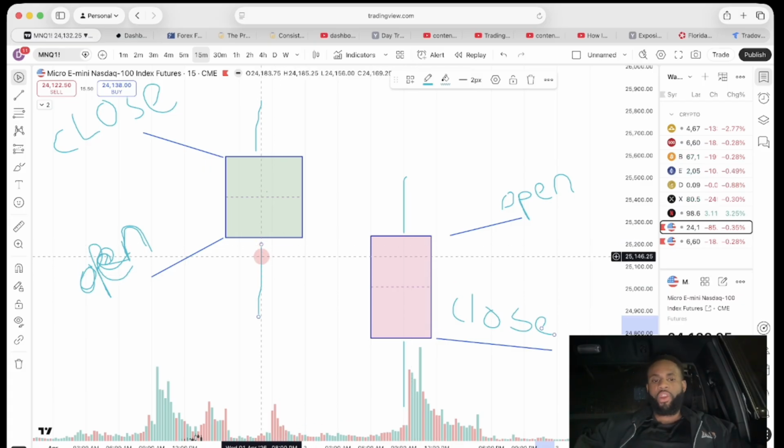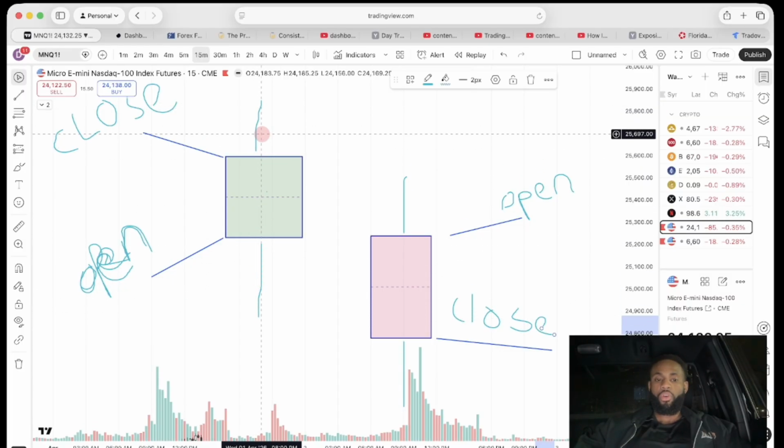Remember, these wicks right here, they represent price action, where price has gone throughout this candle. So maybe price opened here, but then 5 minutes into the candle, we were probably floating down here. But then 10 minutes into the candle, we were probably floating up here somewhere, or down here, or right here. It really doesn't matter. Price ended up all over here within 15 minutes.